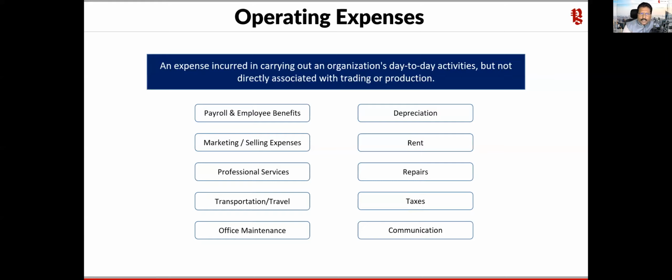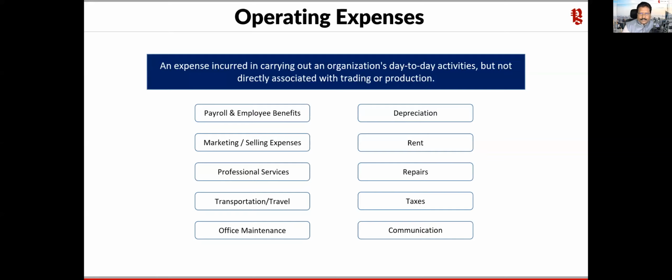The whole idea of understanding these operating expenses is to know the different kinds of expenses in the nature of an expenditure that we need to account for in the organization for maintaining proper books of account, and also generating a true and fair financial statement.